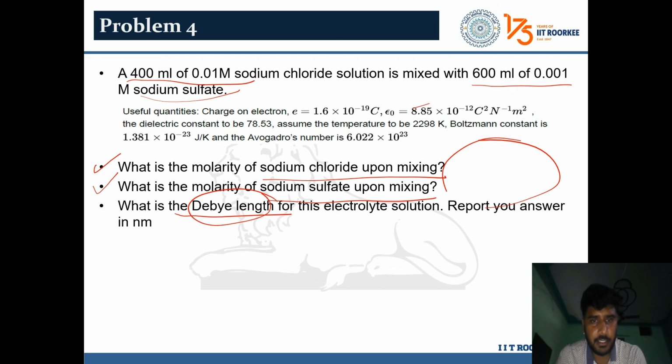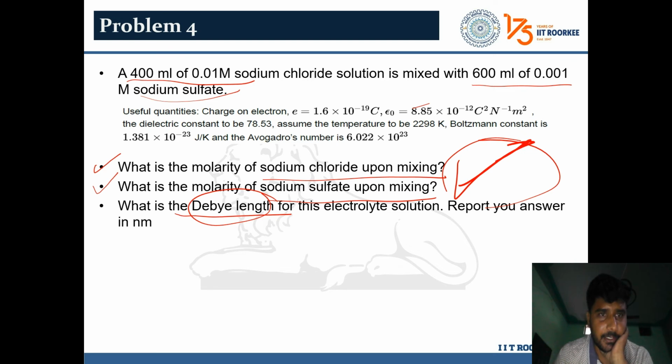A similar problem is here, but you have to calculate the molarity of sodium chloride upon mixing and sodium sulfate upon mixing. You can calculate this by simply applying the dilution factor.